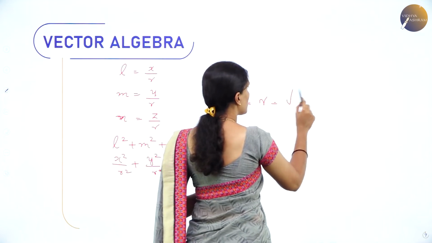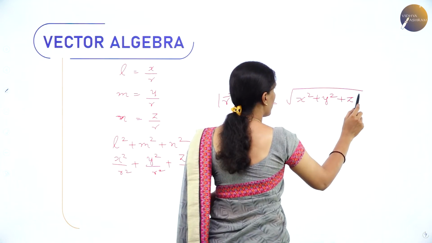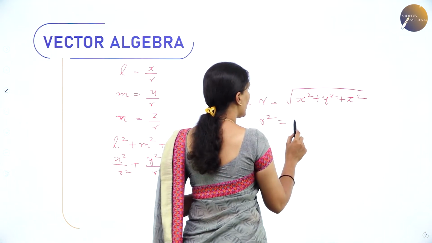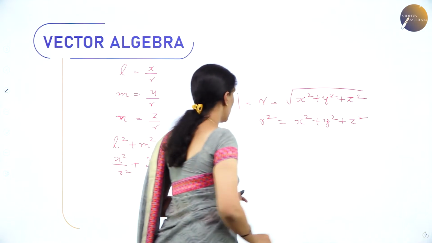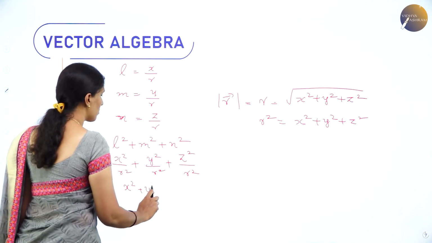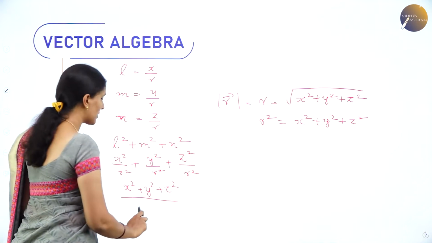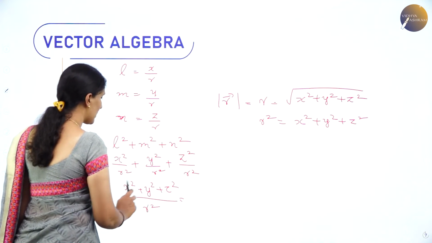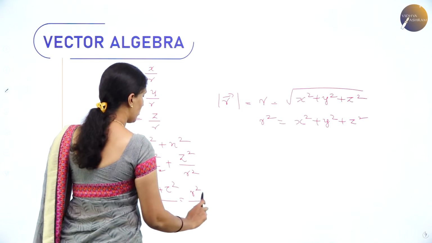So it is the square root of x square plus y square plus z square, and r square is nothing but x square plus y square plus z square. By adding these, we get x square plus y square plus z square divided by r square. What is x square plus y square plus z square? It is r square, so it cancels.